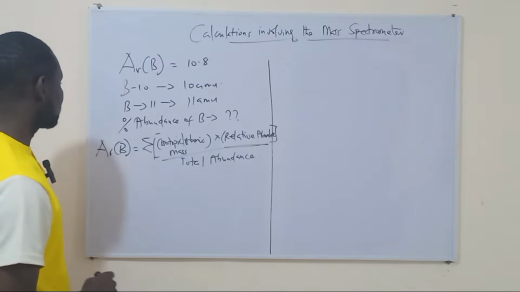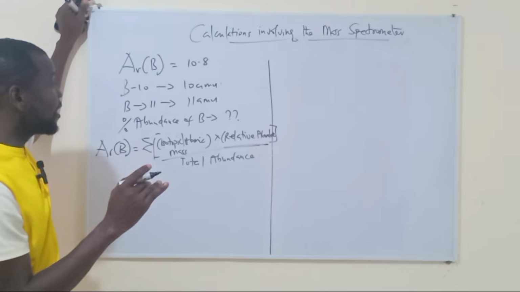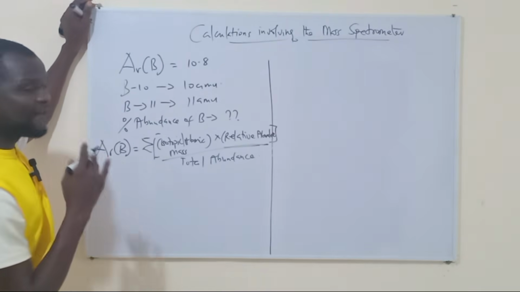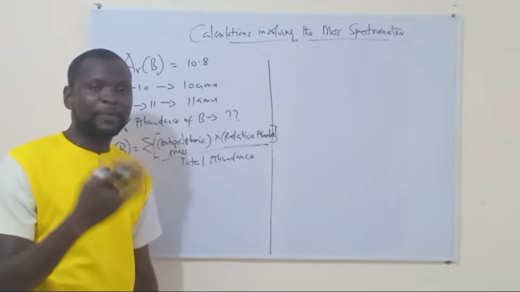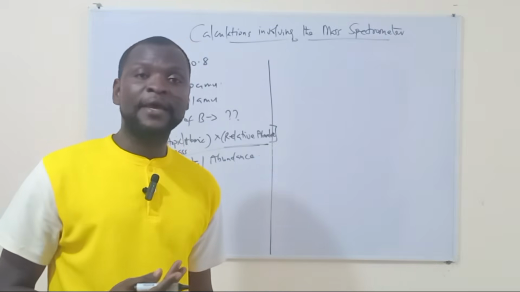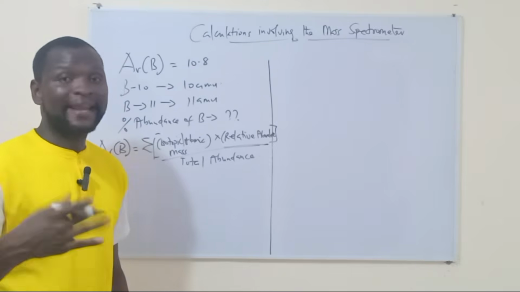So we are looking for the percentage abundance of the individual isotopes of boron. If this sample were passed through a mass spectrometer, the first to come out would be boron 10, which has the lighter mass.